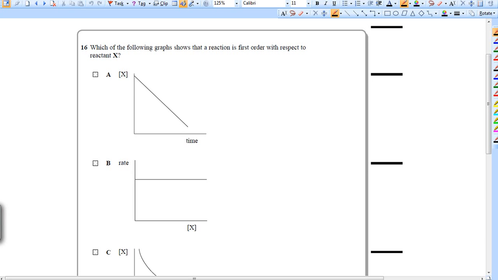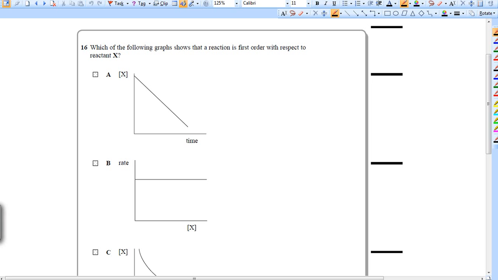Let us see what the question asks. Which of the following graphs shows that a reaction is first order with respect to reactant X? As you can see, it is an MCQ type question.